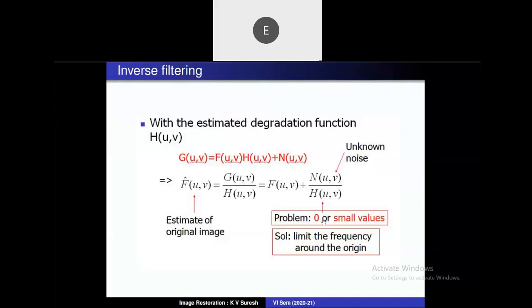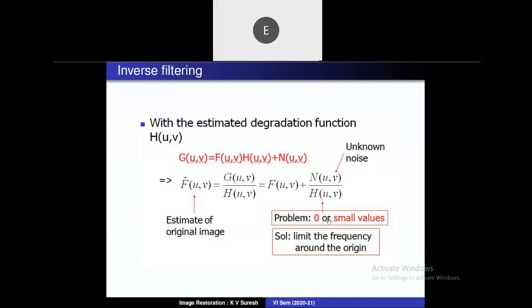At high frequencies the value will be 0 or small. So you are dividing by 0, and the noise is going to be exaggerated. That means your noise is going to be increased. So this is a problem.